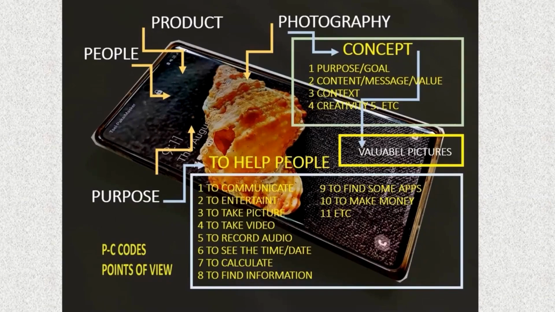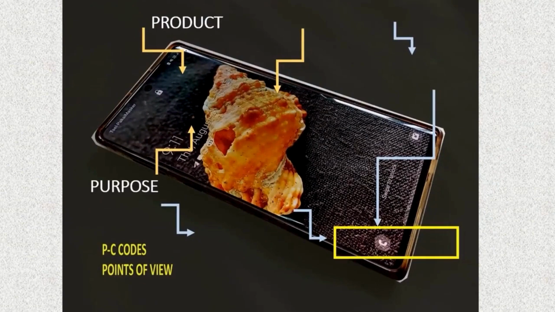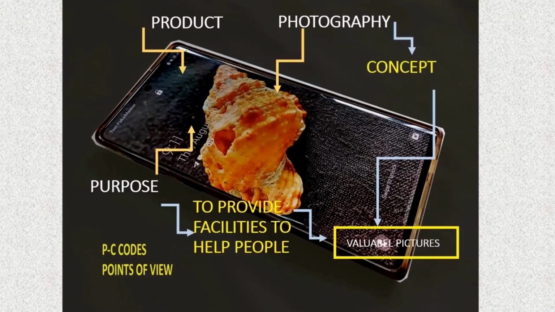And then the concept about creativity also, etc. Now we discuss specifically this product, with the purpose to provide facilities to help people, especially for photography, so we can create valuable pictures, again with the concept.